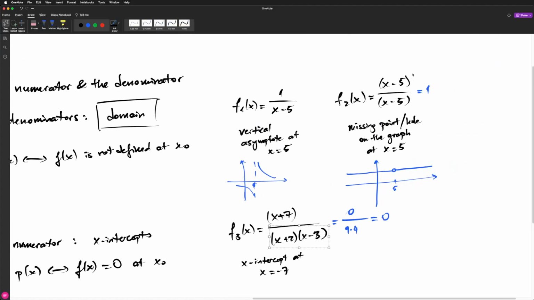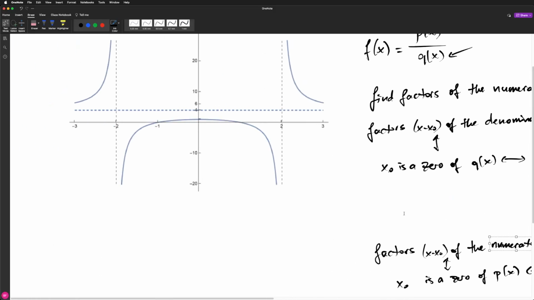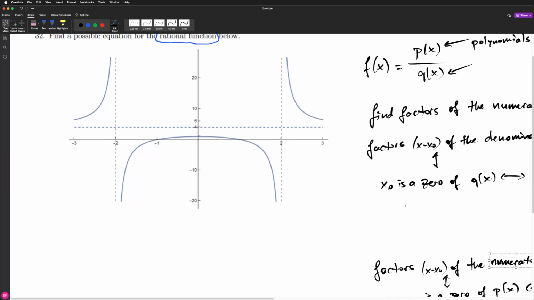Like here, for example, 5 is a zero of the top, but we first deal with the denominator, and then we say, oh, 5 is a number that you can't use. It's not even in the domain. It makes the fraction not defined. So you start with the denominator, then you work with the numerator when you have a rational function. Always, the domain is where you start.